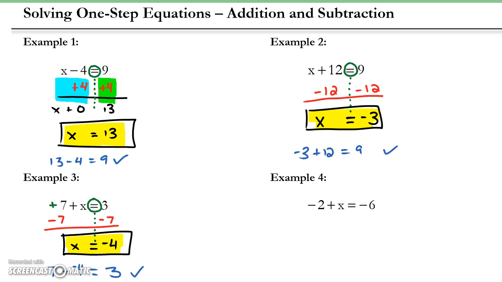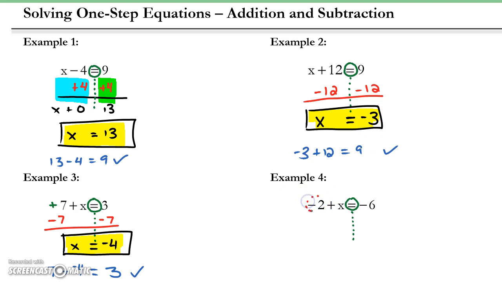Here's the difference. Example 4, again, I have my equal sign. It's dividing it into two sides. But this time, I see this positive, and I say, oh, it's negative 2 plus x. I should subtract. However, if I subtract a negative 2, I'll be fine. But if I subtract 2, I'm not, because I wouldn't have positive negative.